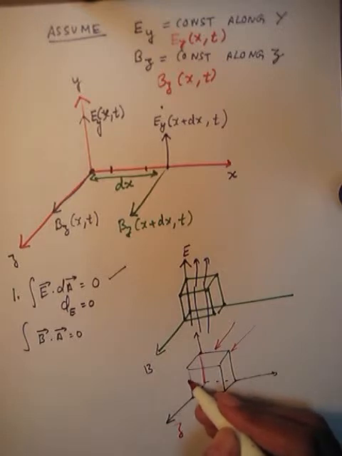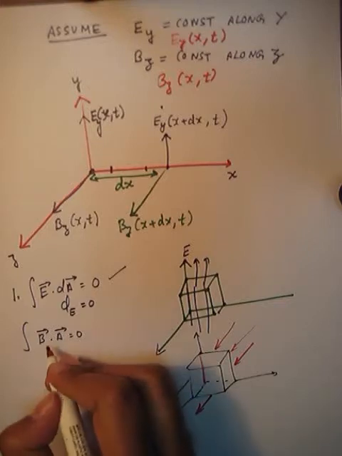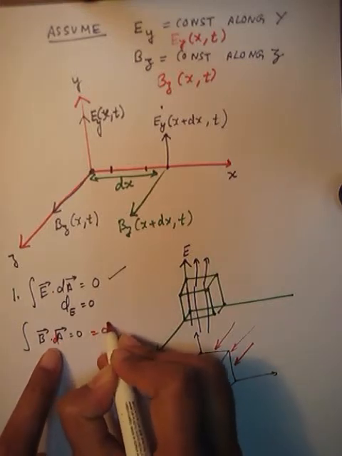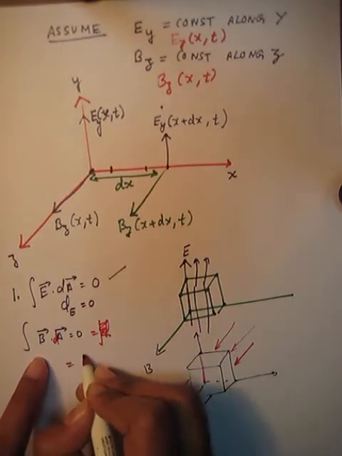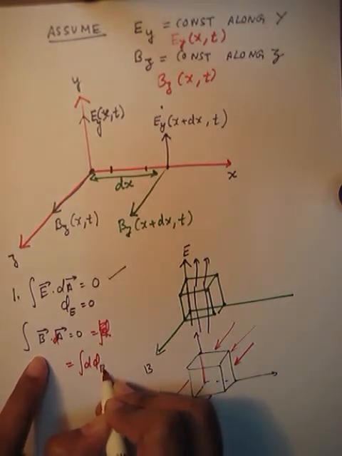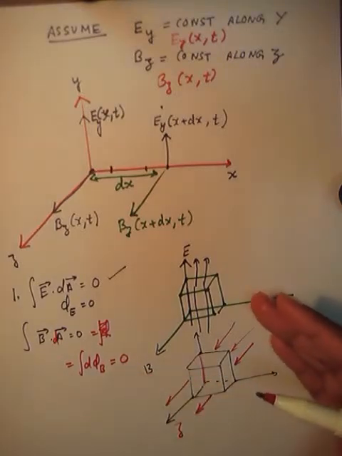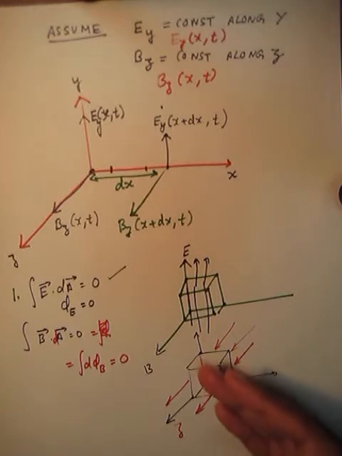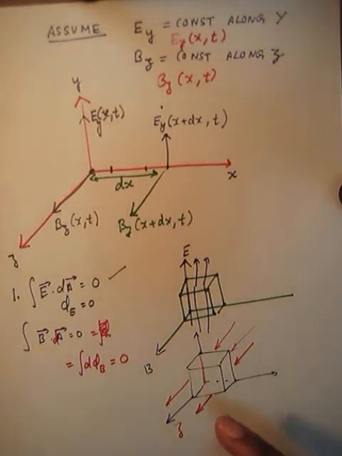It's entering from this side, leaving from this side, entering from this side and leaving from this side. So now this is actually magnetic flux; I can also write it as the integral of d phi B. So the total flux through this cube will be 0 because the total number of lines that are entering is equal to the total number of lines that are leaving. So the total flux will be equal to 0. So this is not very difficult to understand.